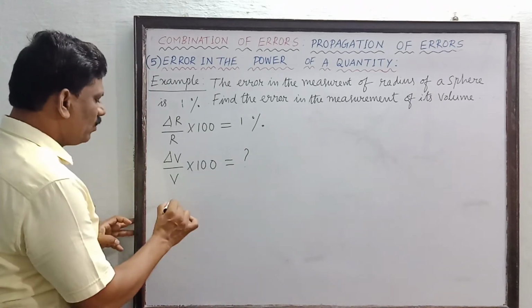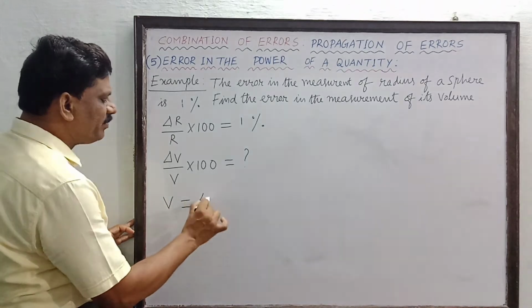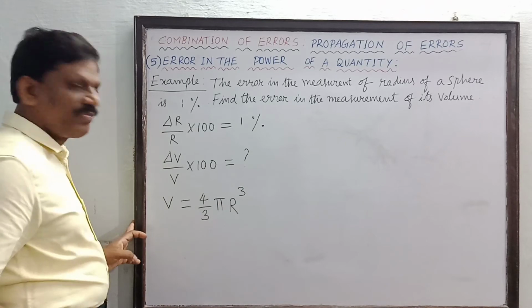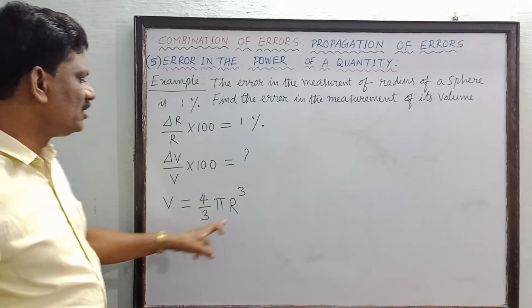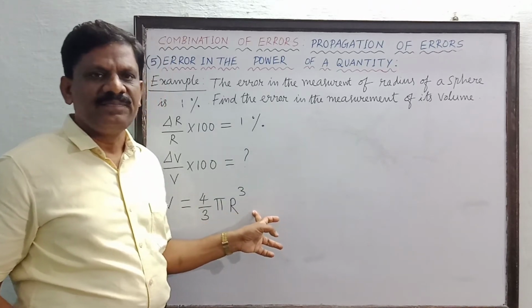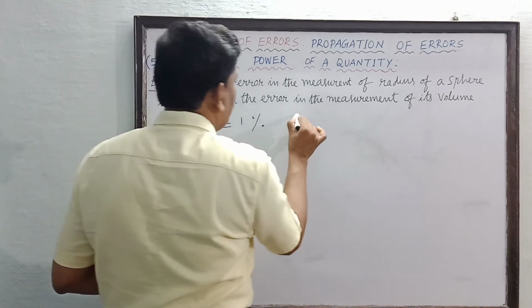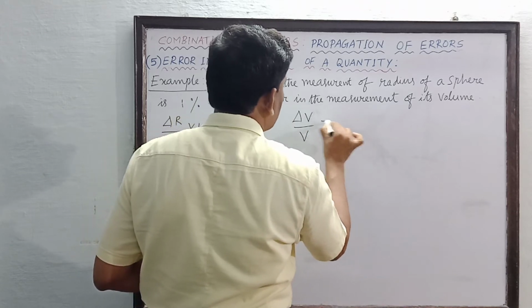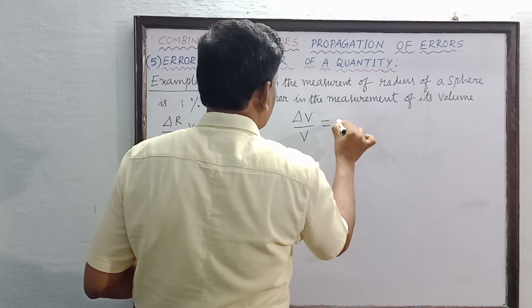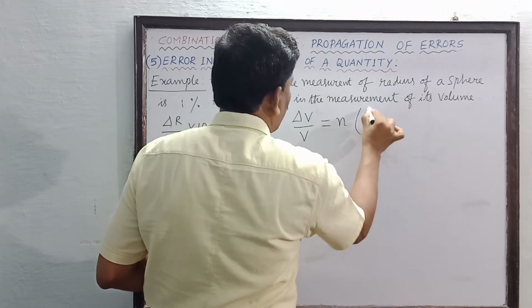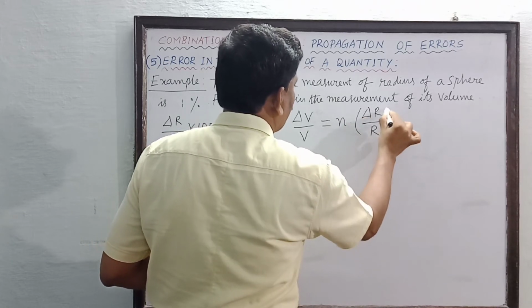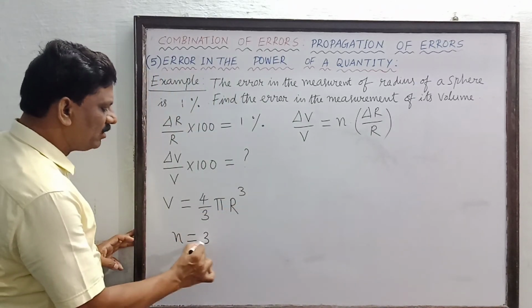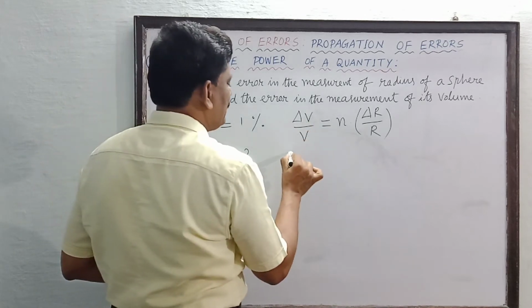Now what is the expression for volume of a sphere? It is 4 by 3 pi r cube. So the volume is proportional to the cube of its radius. Therefore, delta V by V, according to our rule, must be equal to n times delta R divided by R. Here the power n is equal to 3. I will express this as percentage error.